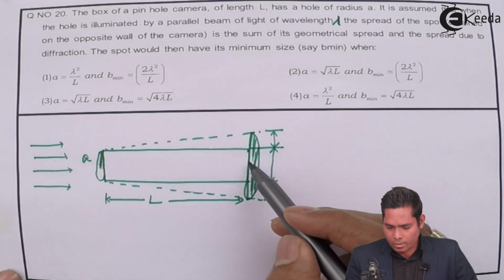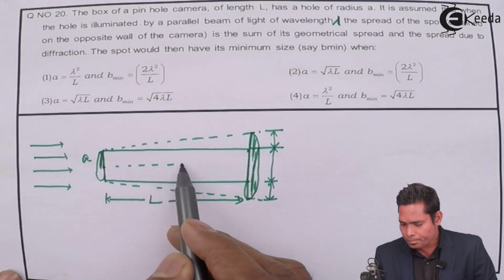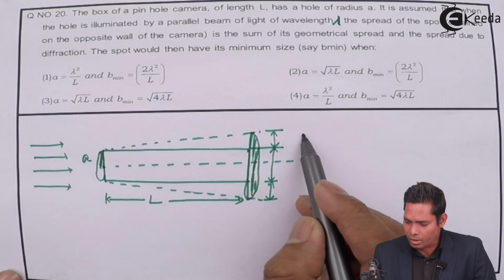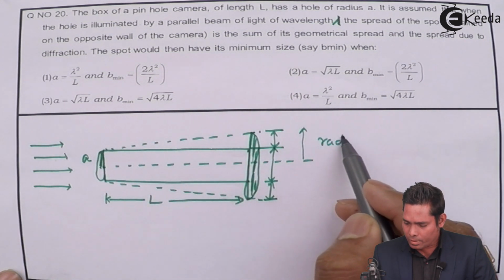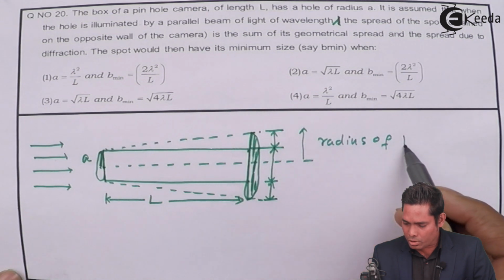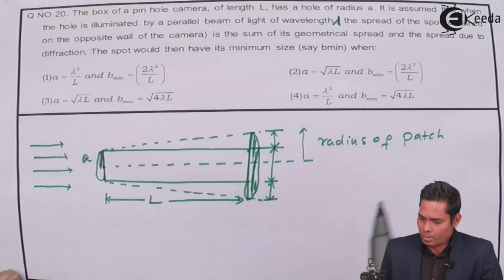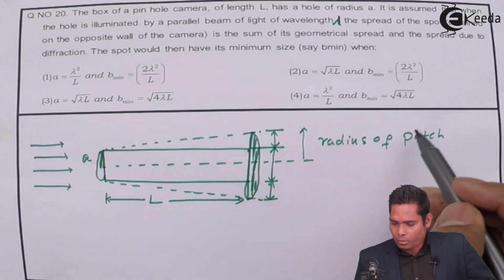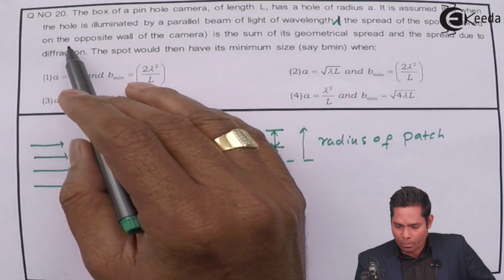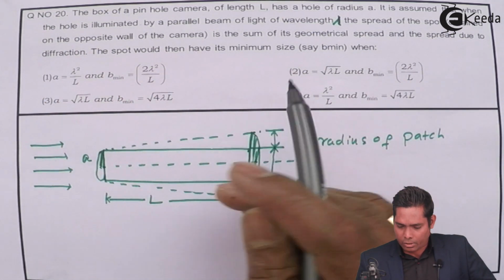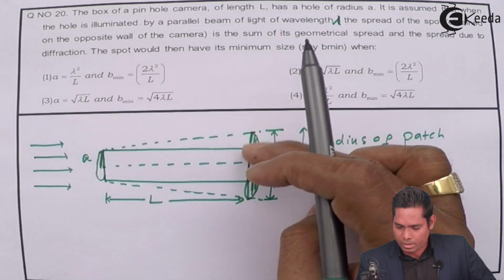This is the radius of the patch, the spot that is obtained on the opposite wall of the camera. So here you see it, and you see the image over here.